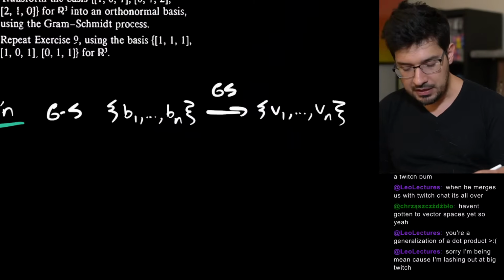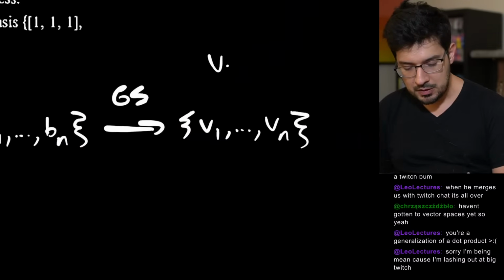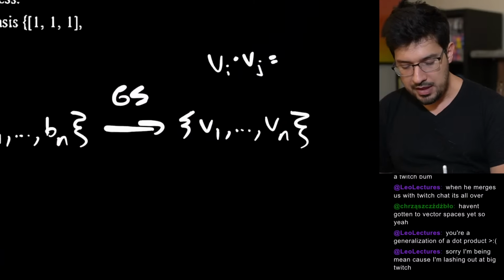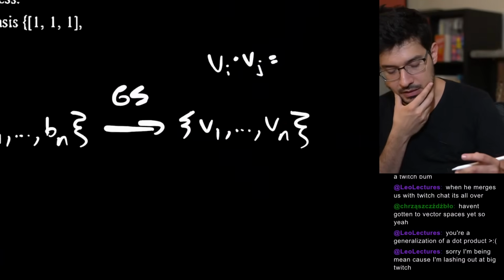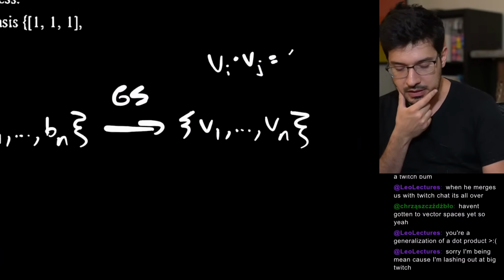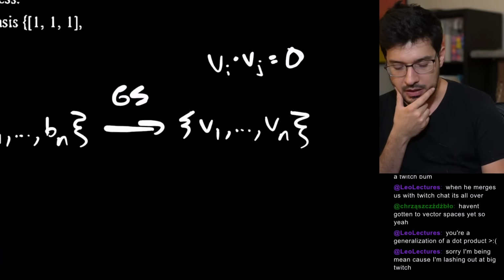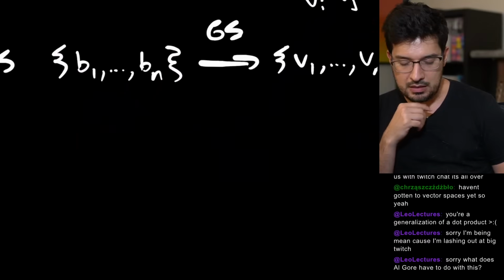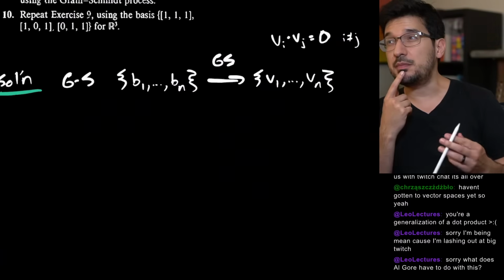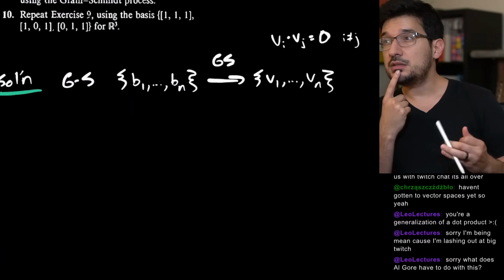And the benefit here, I guess a property here, is that any two basis vectors are orthogonal. And then projections become much simpler, generally speaking.